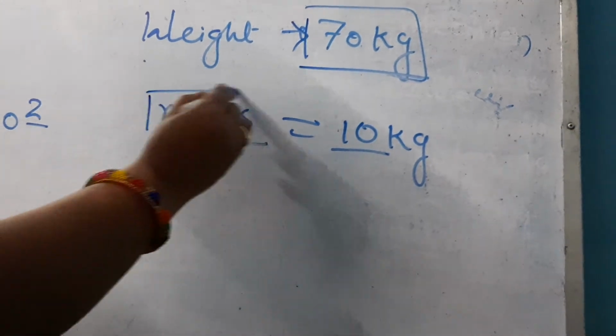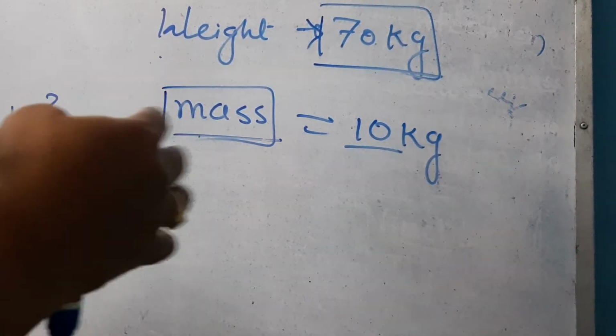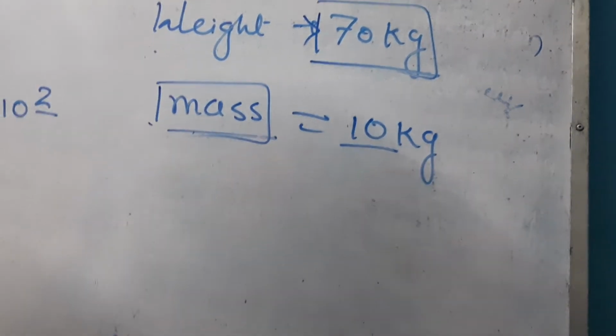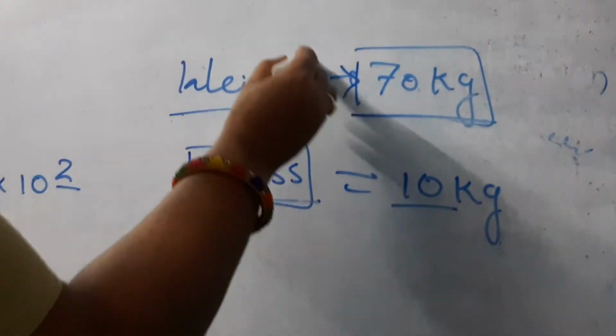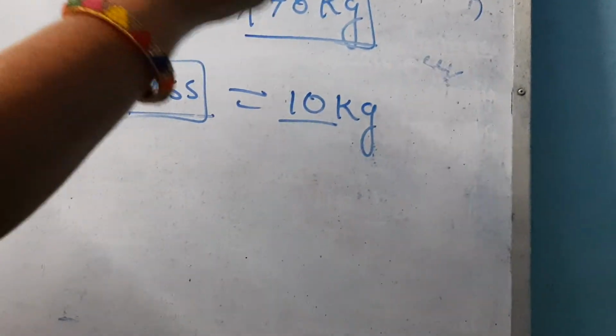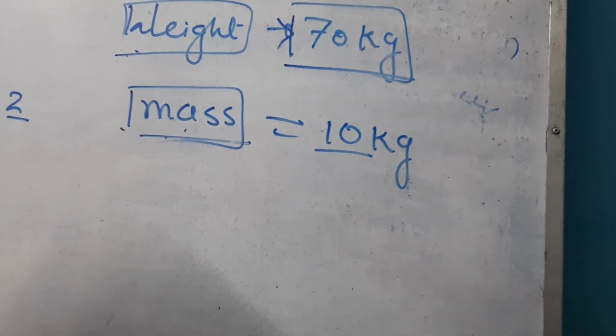So when you are solving any question related to an object, then you have to take the mass. But when you are talking about yourself or any living thing, then you have to use the weight, because weight is exerted on the earth, and mass is the amount of substance inside that object.